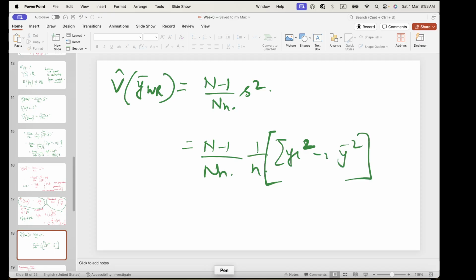So this will be minus n y bar square. So this would have 1 by (n minus 1) into 1 by n, n P minus n P square, and this n would cancel.